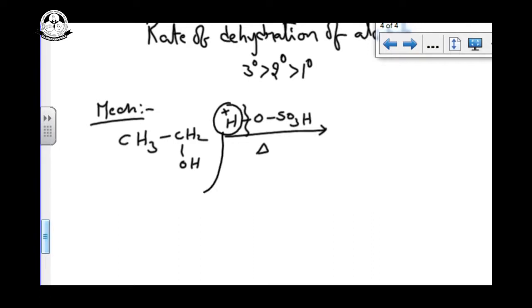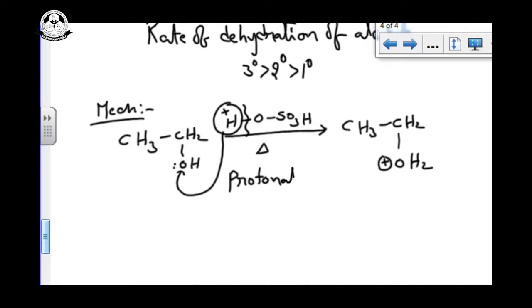That H plus will attack the oxygen, since oxygen has lone pairs with negative charge that can attack the positive charge. It becomes CH3CH2OH2 plus. So this is the addition of a proton, and this step is called protonation of alcohols.